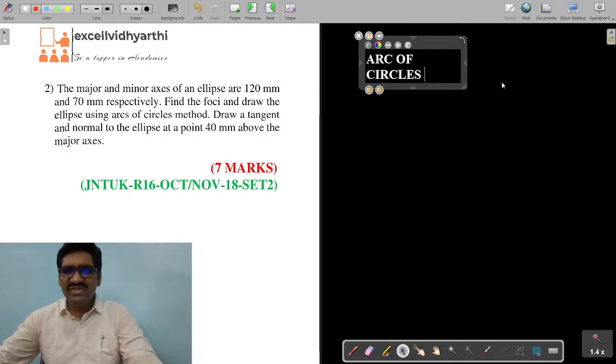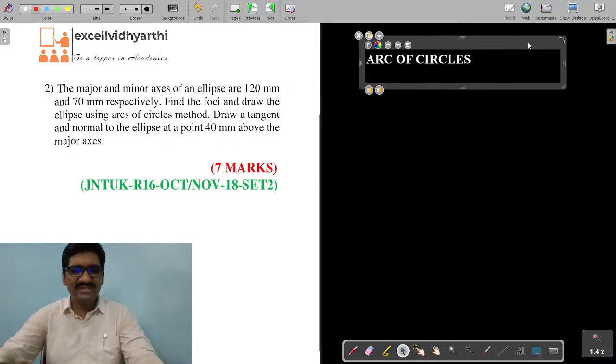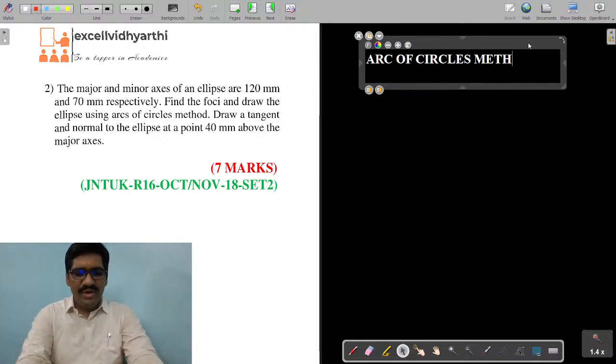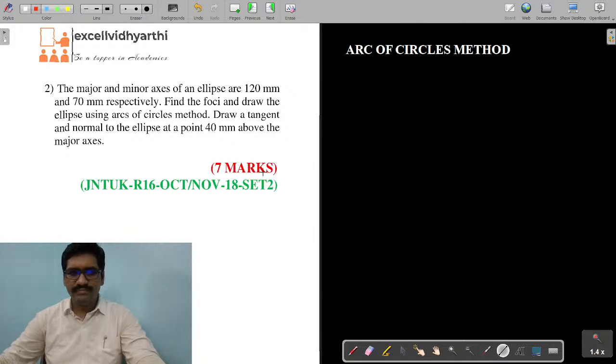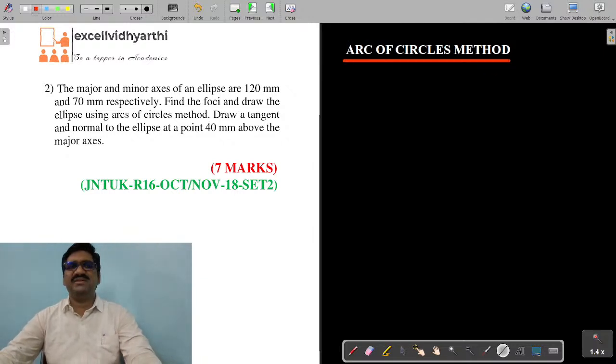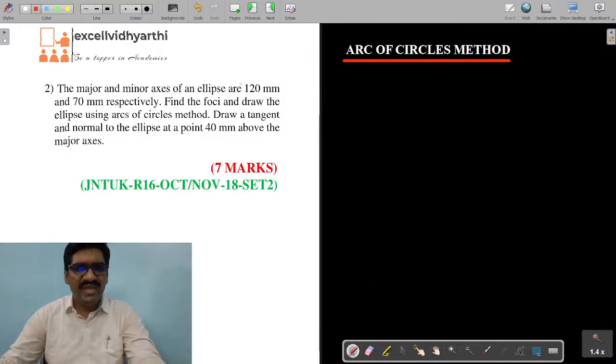Some confusions are there for you, I can understand, but no need to worry, I will avoid all the confusions for you. So here, actually, the major axis AB is given.